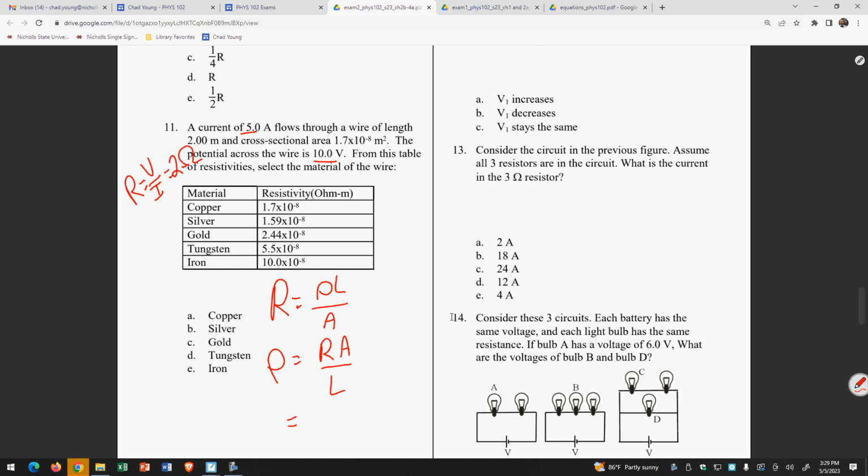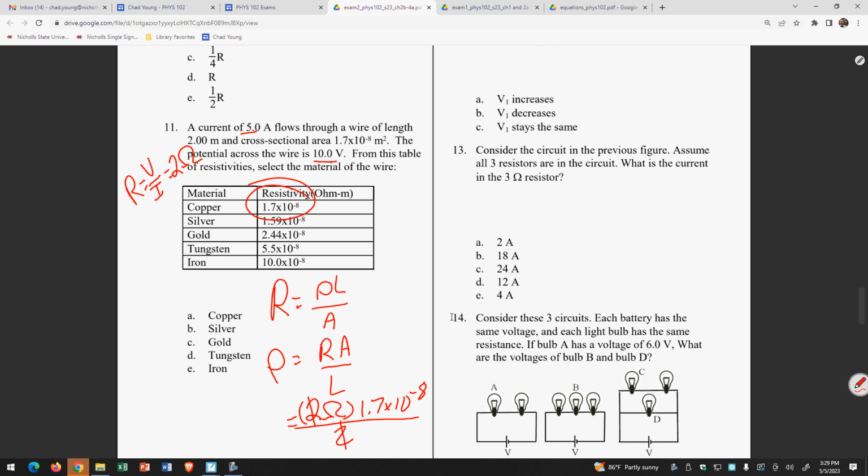So rho then is 2 ohms times A, which is 1.7 times 10 to the minus 8, divided by L, which is 2. So that cancels there, and I'm left with 1.7 times 10 to the minus 8, so it must be copper. I try to make the math as easy as possible, okay? Some problems will require a calculator, but I try to not have a calculator at all.